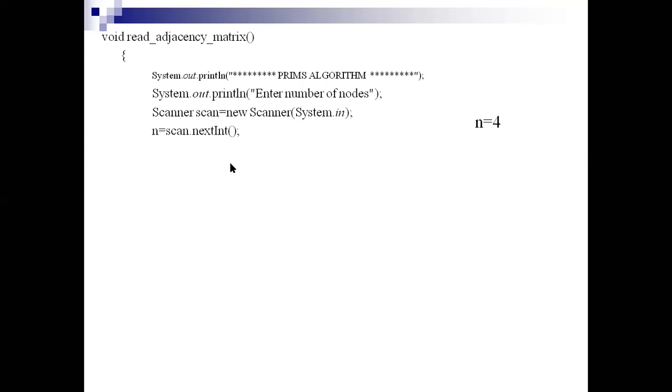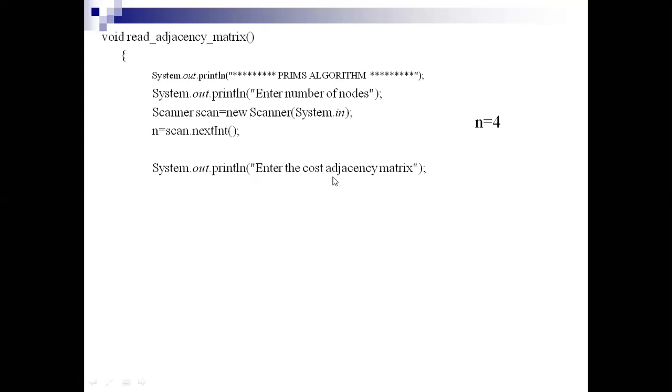Next, I'll have to read the cost adjacency matrix. As I said, the cost adjacency matrix is represented as a 2D array, and the name of the 2D array here is A. And as you all know, to read any 2D array, I'll have to use 2 for loops, where the first for loop corresponds to the row and the second for loop corresponds to the column. Let us see how it is read.